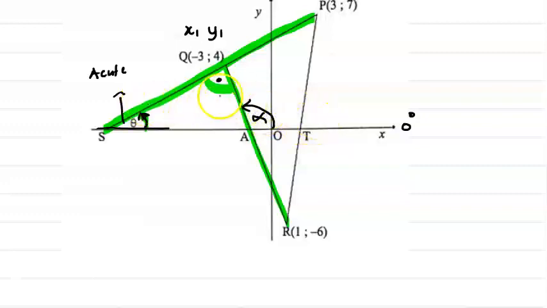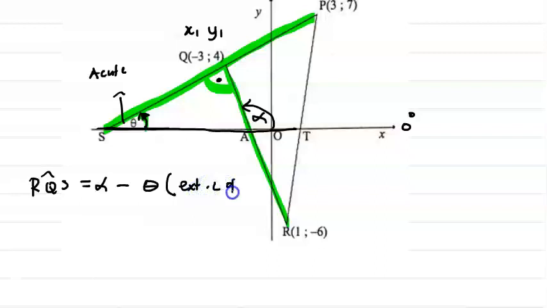If you look at it very carefully, you can see the formation of a triangle here. Remember, the exterior angle of a triangle is equal to the sum of the interior opposite angles. Therefore, we can conclude that RQS must equal that angle alpha, which is an obtuse angle, minus theta, which is an acute angle, and that is the exterior angle of a triangle.